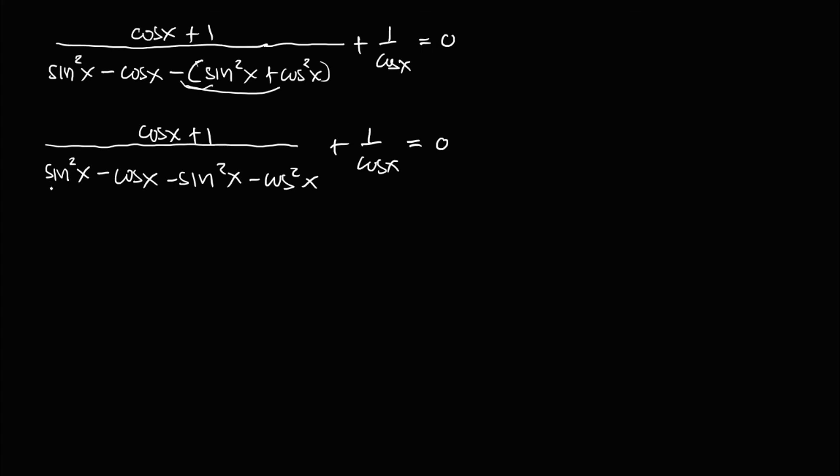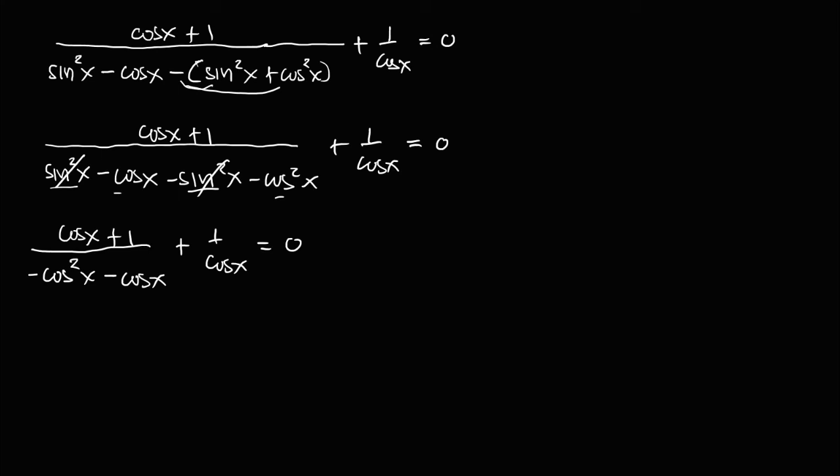Then this sine squared x and negative sine squared x, this one is 0. So we have now cosine x plus 1, then over. So we need to arrange this equation to start with the highest exponent. So that's negative cosine squared x, then minus cosine x, then plus 1 over cosine x, then equals 0.